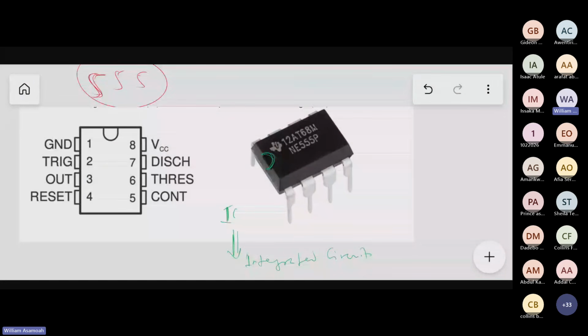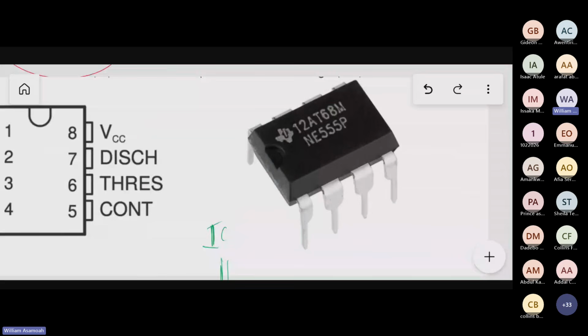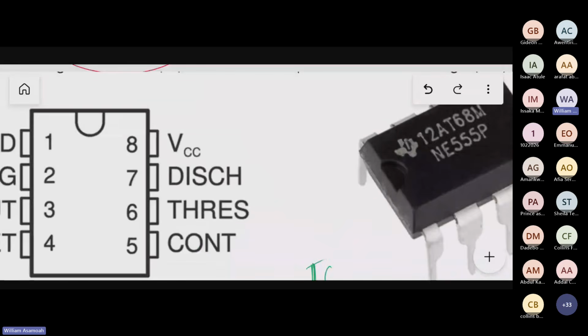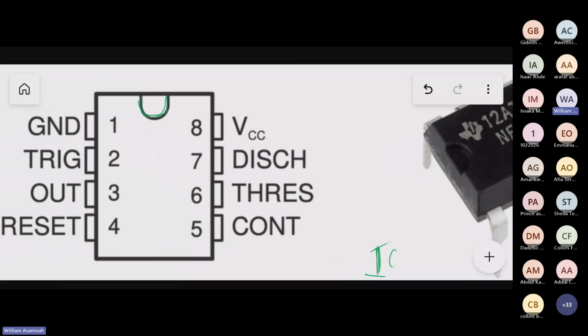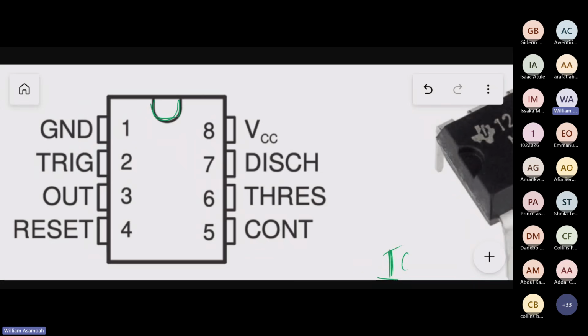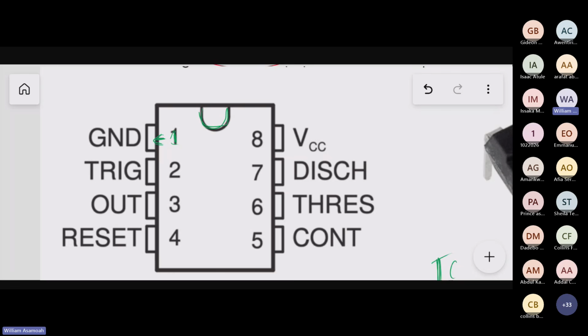You can see there is a notch. Whenever you see that notch, position it so that the notch faces north, and the leftmost pin, which is here, becomes pin number 1, then 2, 3, 4, 5, 6, 7, up to 8. That's how we number these ICs. Is that right?